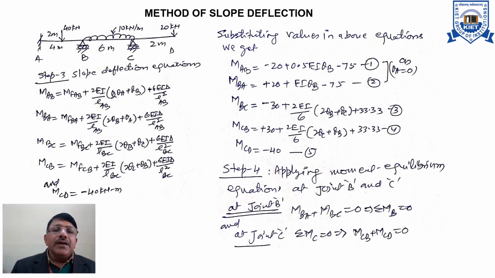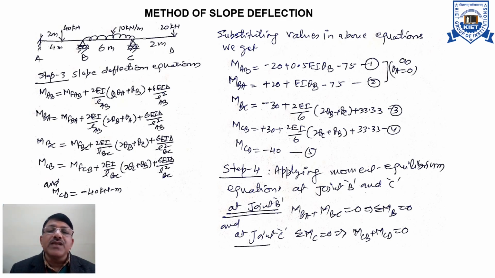Now substitute the values of theta, since theta A is going to become 0 here. The fixed end moments have been computed already, and 6 EI delta upon L square has been computed already in the previous steps.